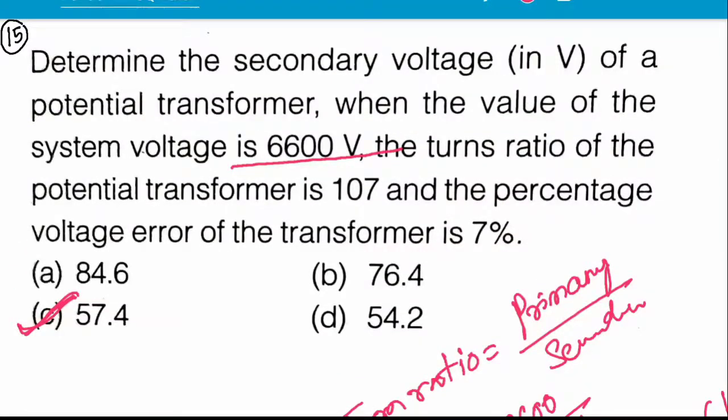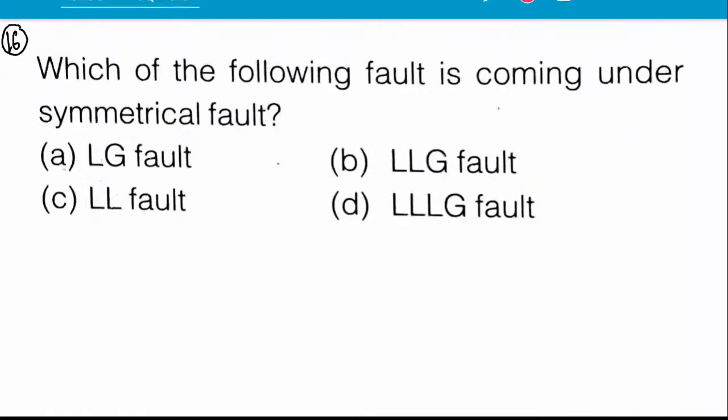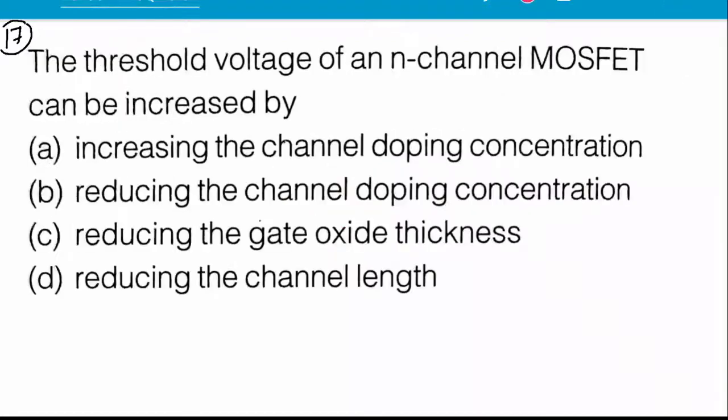Next question, which of the following faults comes under symmetrical fault? This is LLLG fault, the 3-phase to ground fault. The threshold voltage of an N-channel MOSFET can be increased by increasing channel doping concentration.